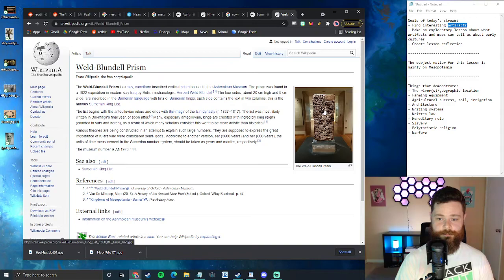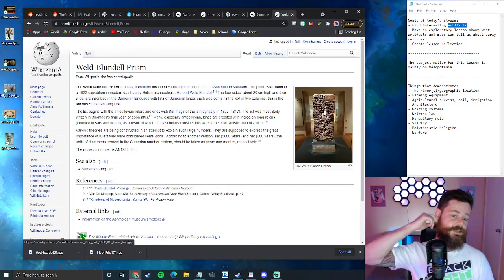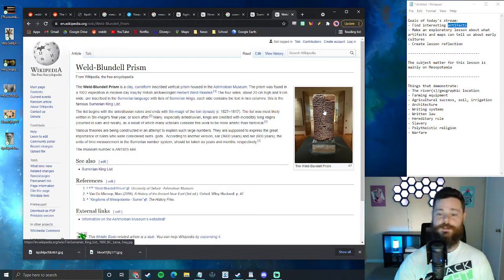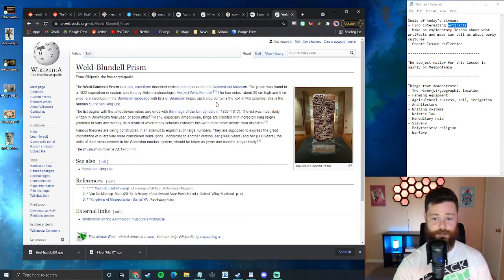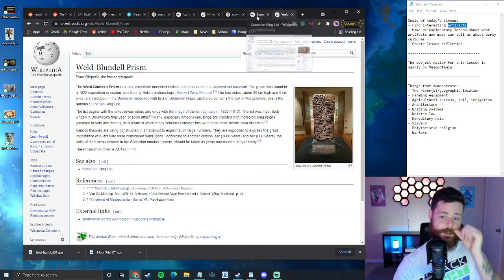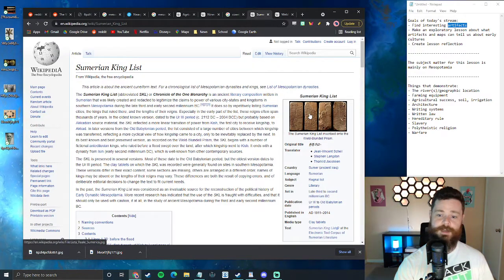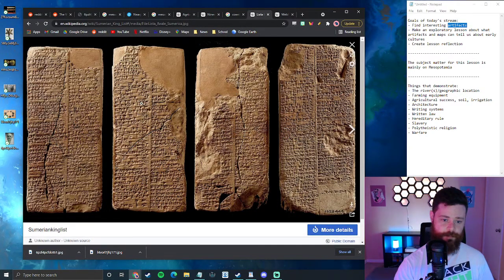But here, it seems like they're two distinct things. The writing on it is named differently than the object itself. At least that was my interpretation, because here it says the four sides are inscribed in the Sumerian language with lists of Sumerian kings. And actually one thing this is going to allow me to do is segue into cuneiform.